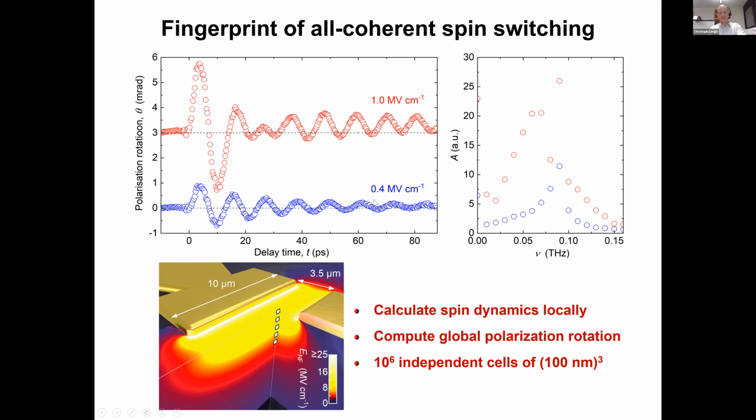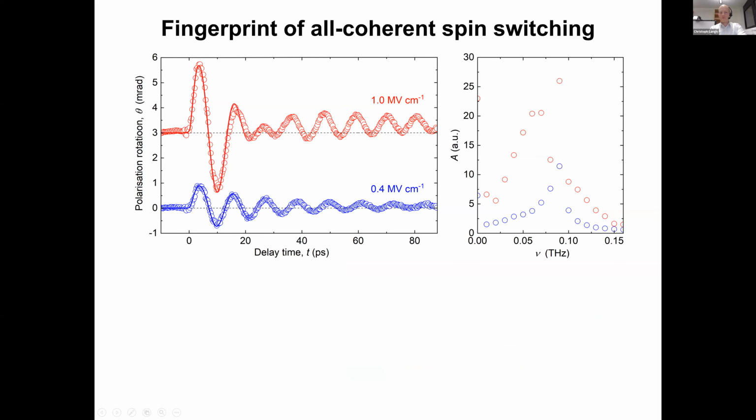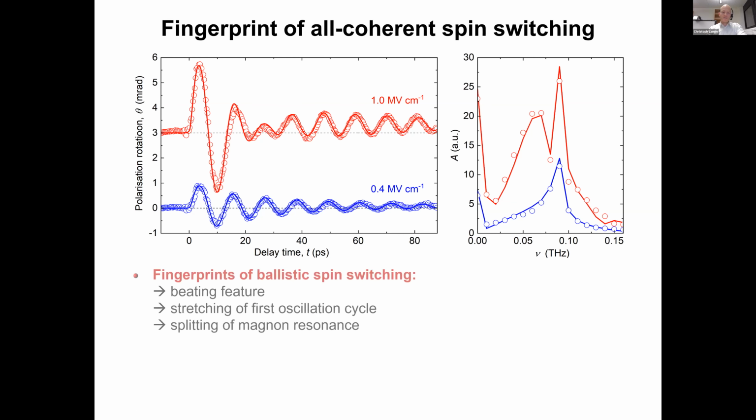we could compare the calculation to the experiment. I'm showing you here for reference up here, again, the two experimental Faraday rotation transients for the low field case and for the high field case. And as the next thing, I'm going to superimpose the theory, and with the near field calculation, we were just spot on and could reproduce and trace back this phase step signature to actually spins crossing this local potential barrier in a particular volume of the near field where we had these large near field amplitudes.